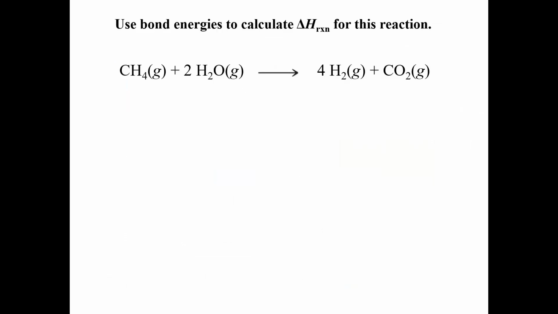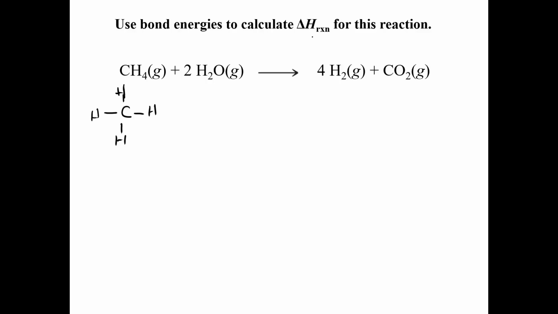Okay, so let's practice that. We could calculate the bond enthalpies and calculate delta H for this reaction. Okay, so what's happening? We're going to break a whole lot more bonds than just a couple. Here we are again looking at methane, and this time we're going to break all 4 bonds, right?